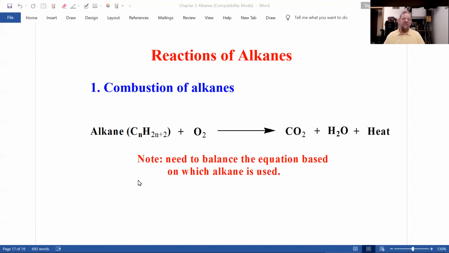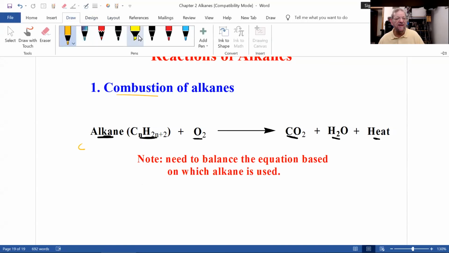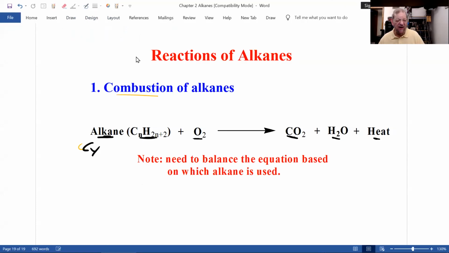Now, when we talk about alkanes, if you take an alkane, which generally has this formula, and react it with oxygen, you need a spark, you'll get carbon dioxide, water, plus heat. This is called combustion. You can also have a cycloalkane.